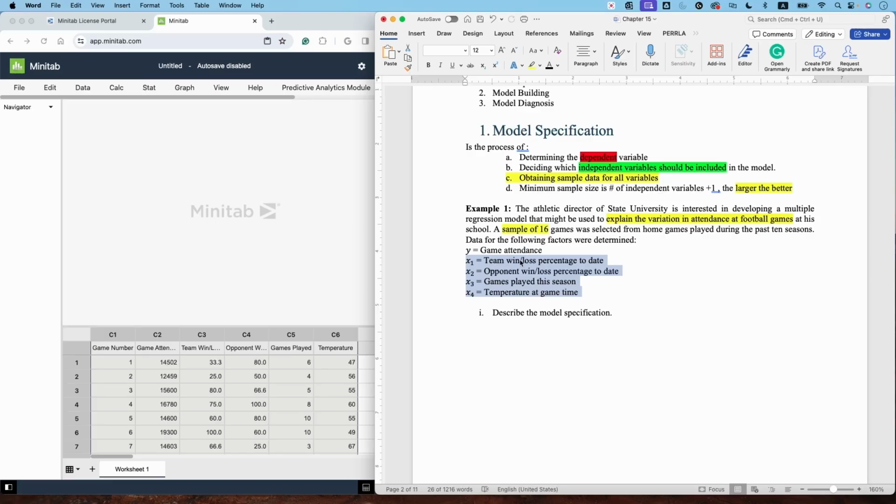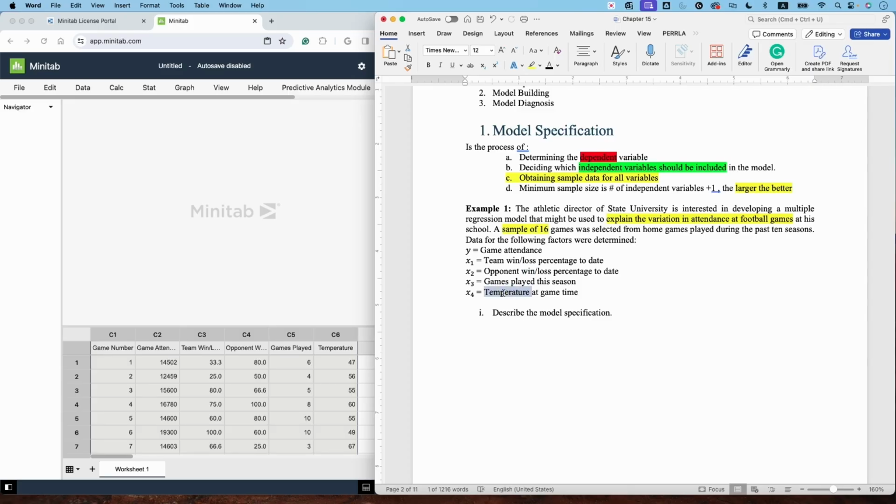So team win-loss percentage to date. Maybe if the team wins, we're going to have more attendance, and this makes sense to me. This is what I'm projecting, by the way. Opponent win-loss percentage to date. This should be maybe the opposite, right? And the games played this season, and the temperature at the game time.